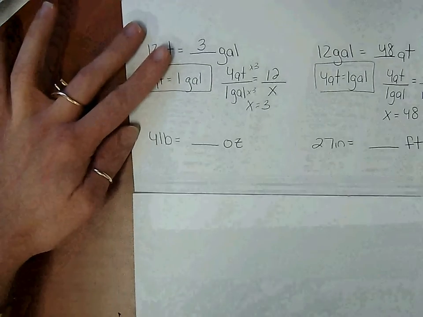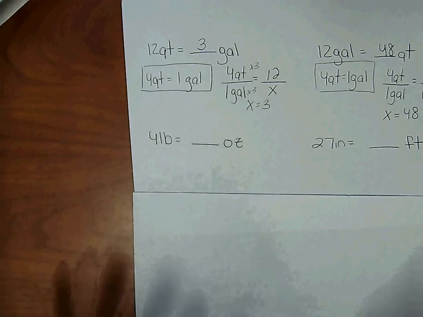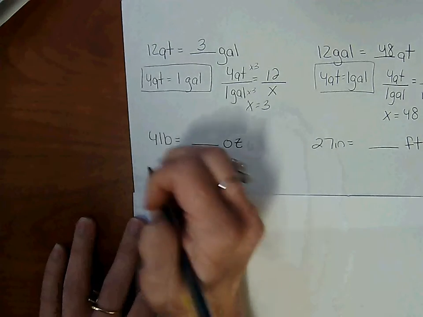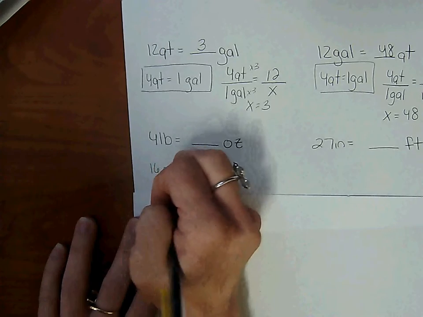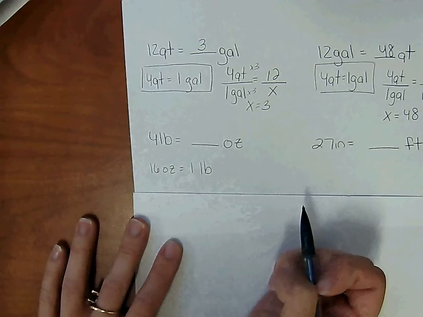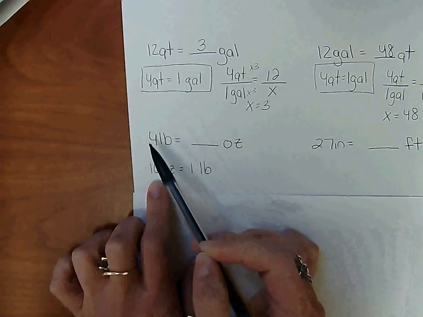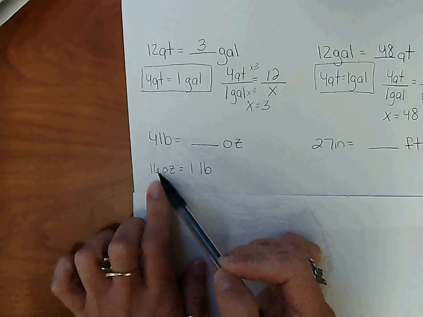All right, so 4 pounds equals how many ounces? Well, the fact is that there are 16 ounces in 1 pound. And again, as you get better at this, if 1 pound is 16 ounces and you have 4 pounds, you can just do 4 times 16.